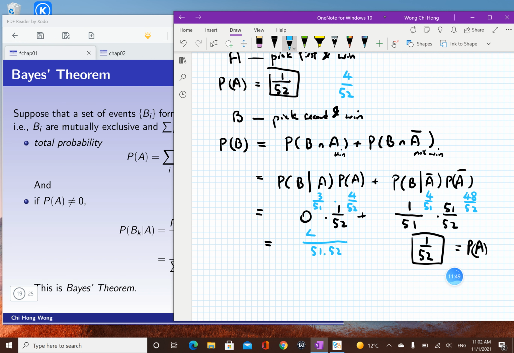I've got a 4 here, so I have 3 plus 48, which is 51. 4/52, exactly the same as we had before.